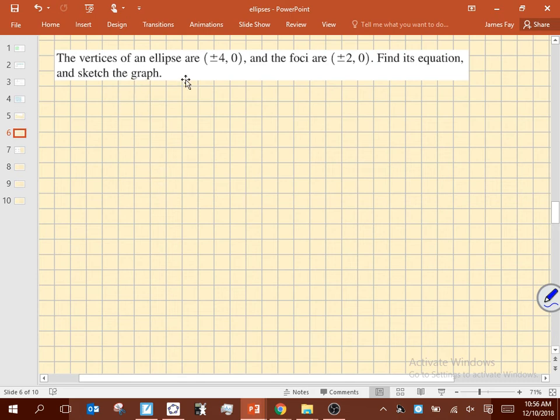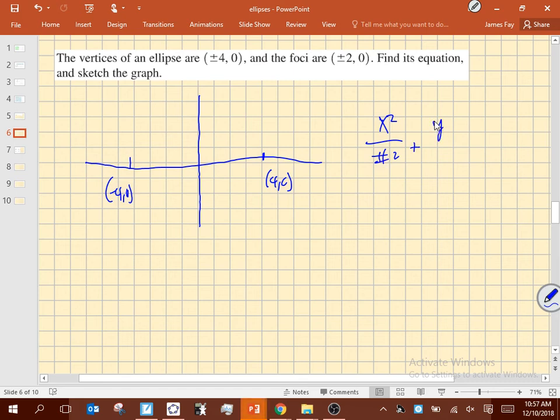It says the vertices of an ellipse are at negative 4, positive 4, comma 0. So right now, if I go out to 4, 0, and negative 4, 0, what that does for me, it tells me my ellipse is going to be x squared over some number squared plus y squared over some number squared is equal to 1.